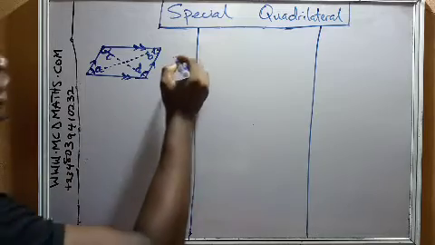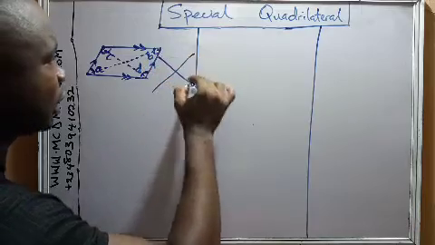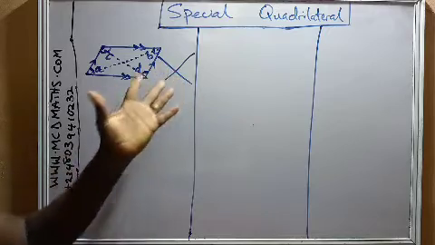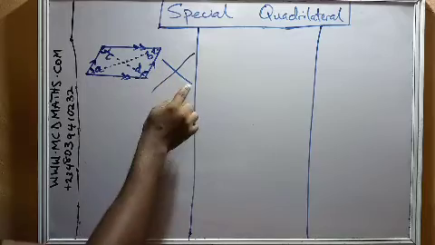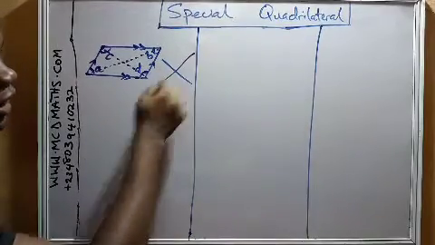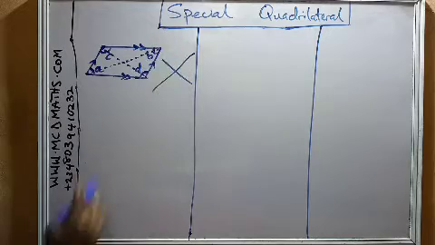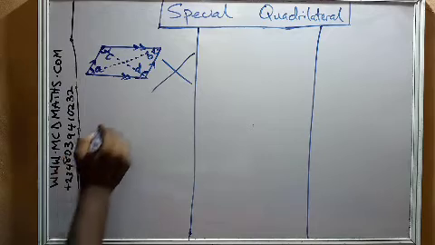So this line divides this line into two equal halves, and this one also divides this into two equal halves. Pardon, I'm not drawing to scale. So we say they bisect each other. Okay, good, so that's that for the diagonals. Let's move on to another shape.